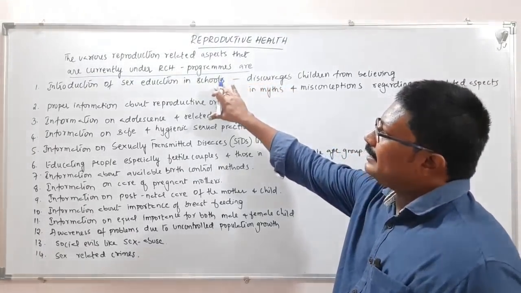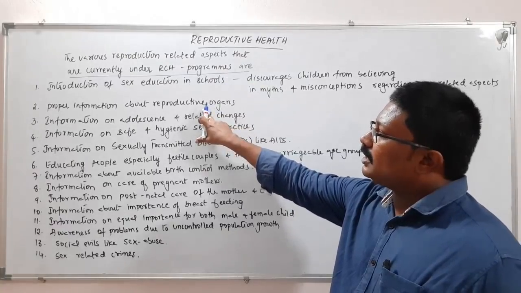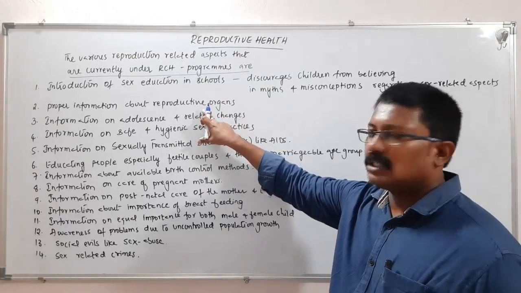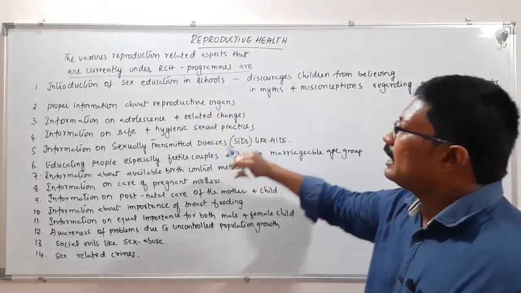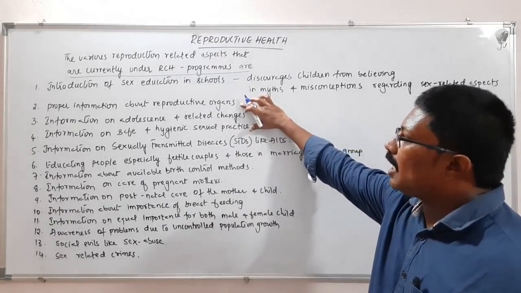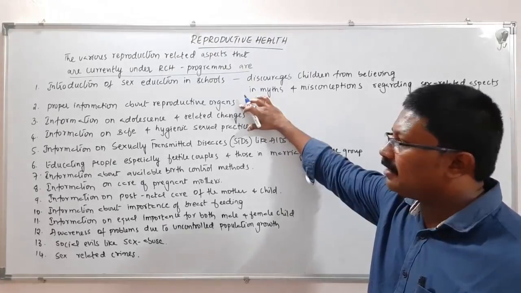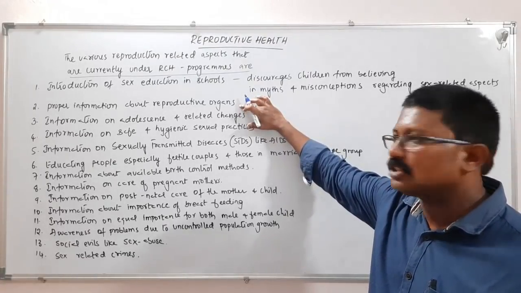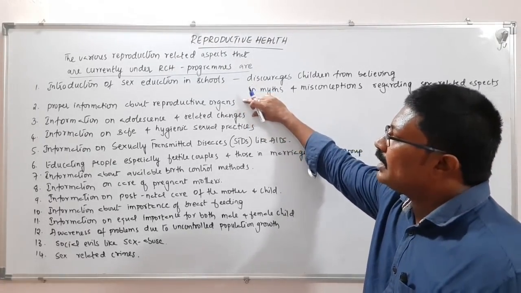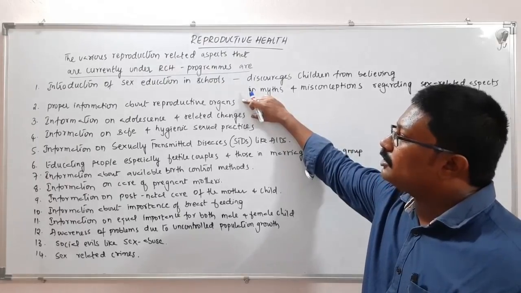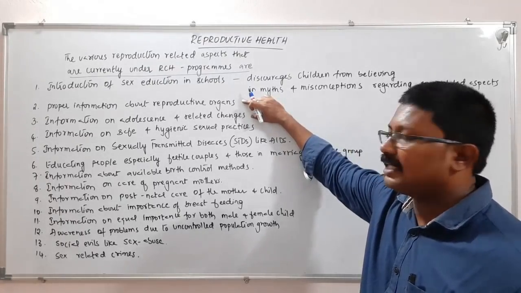Another one is proper information about reproductive organs. How the reproductive organs function, both male and female reproductive organs, their structures and so on, and also information on adolescence and related changes.